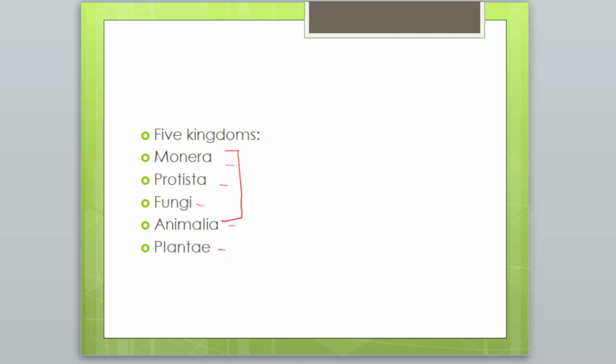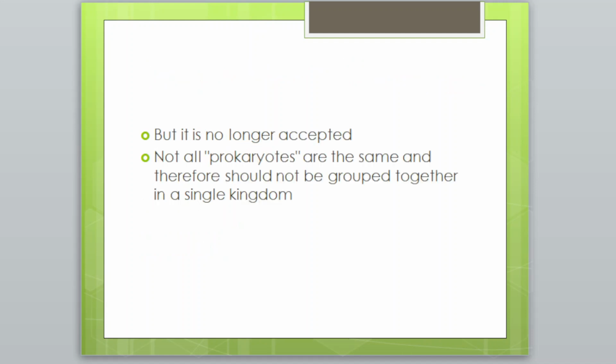Because not all prokaryotes are the same, and they should not be grouped together in a single kingdom. So the three areas that profoundly affect microbial classification are as follows.